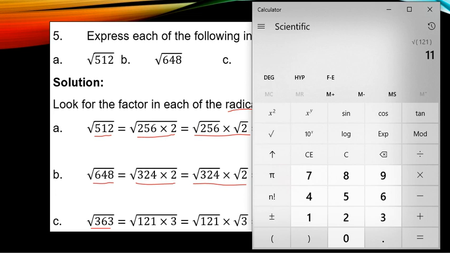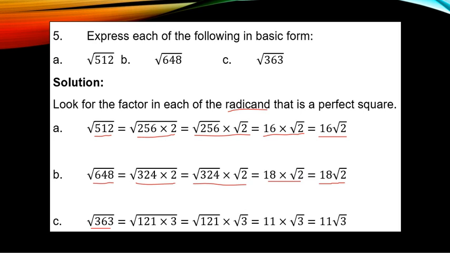So we have 121 times 3. If you split it down, you have root 121 times root 3. Then you have 11 times root 3, and that is 11 root 3. All the answers need to be the same because we are solving the same problem. There should not be variation in the solution.